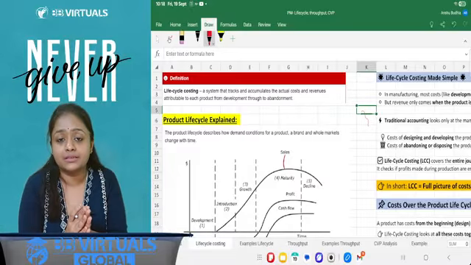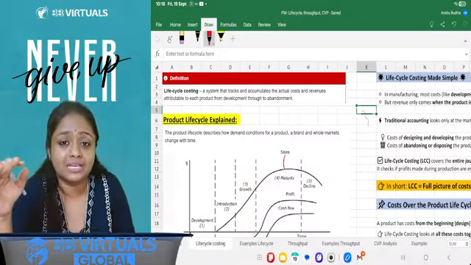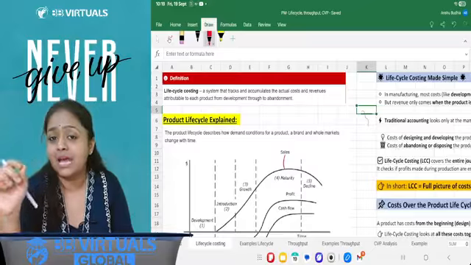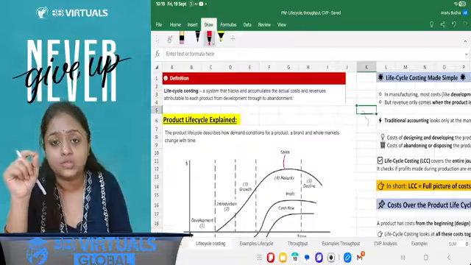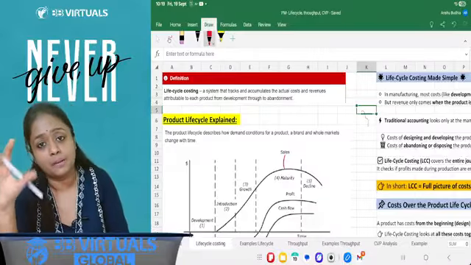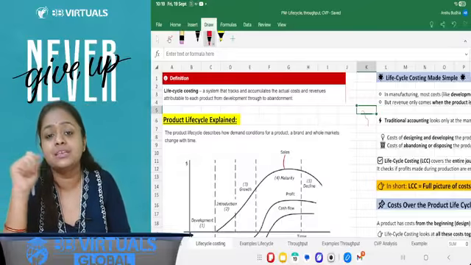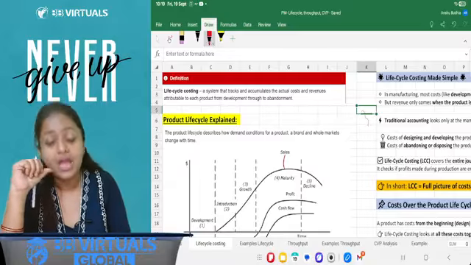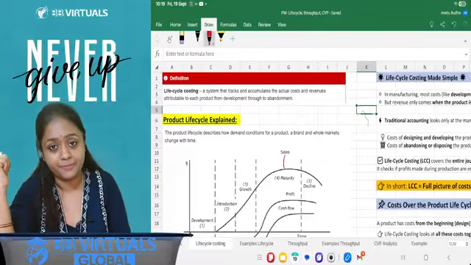Let's club it together, divided by the number of units that we are expecting to produce and sell in this period, so that we can have a tentative idea of what is the maximum cost per unit that the product will be bearing. On that, let's add a profit margin, and let's then see whether we can have this selling price in the market or not. Otherwise, we can have the target costing principles also applicable here.